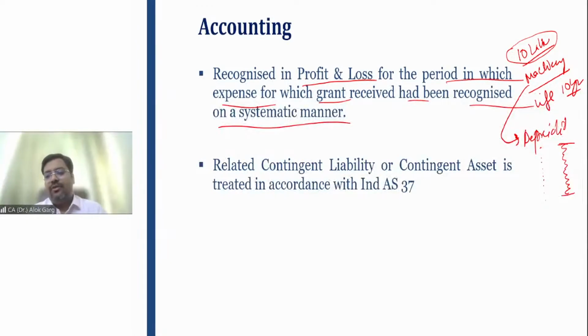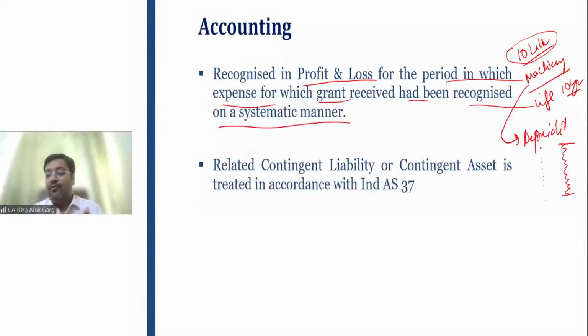So, sir, we understood this, and since you have told us to recognize this government grant as an income in the P&L in that year, sir, what happens since the time period has not elapsed?